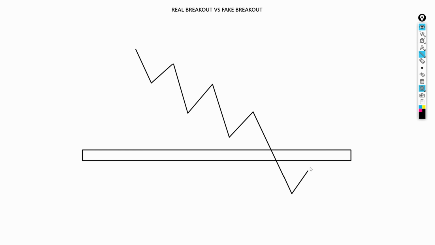Once the retracement phase started, you will draw this as the support, then wait for a clear break. Once you have a clear break, this is now a confirmation that this particular selling move was not fake, it was not a trap, but caused by real selling pressure. So once you have real selling pressure, then you can apply your strategy according to the direction which you wanted to trade. Now, I think I have explained you the concept.